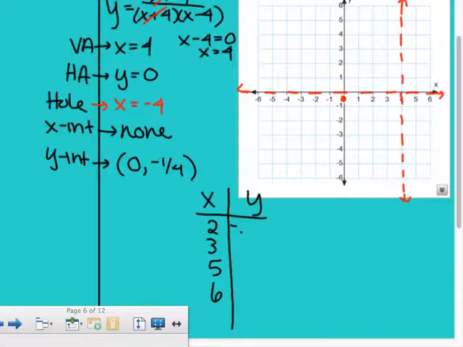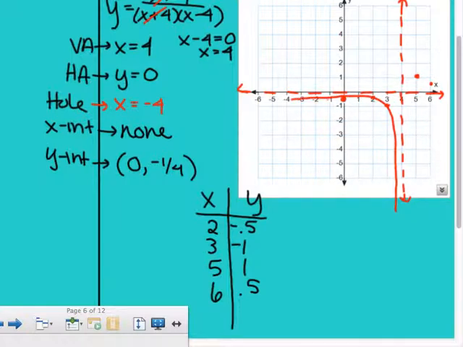So you should have gotten -0.5, -1, 1, and 0.5. So 2 down a half, 3 down 1, 5 up 1, 6 up a half. So I'm going to do the bottom branch first. Go through your 2 points.